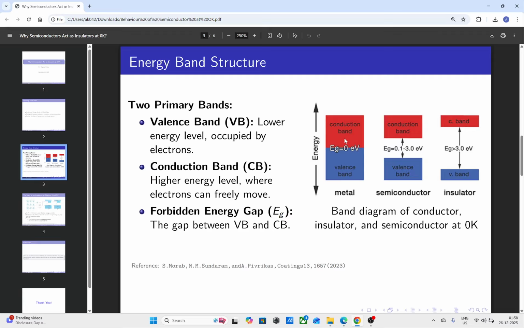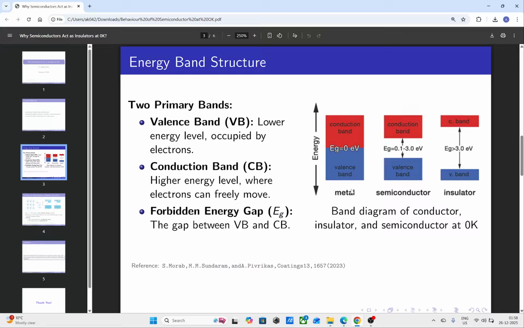It means lots of free energy states are available inside the conduction band. The gap between the valence band maxima and the conduction band minima is called the energy gap. If we want the material to conduct, then the electron must be raised from the valence band to the conduction band, because if the electron reaches the conduction band, it will see lots of free energy states, and now it can move freely.